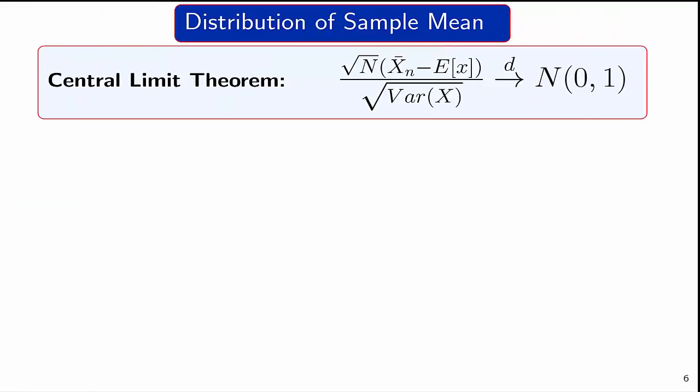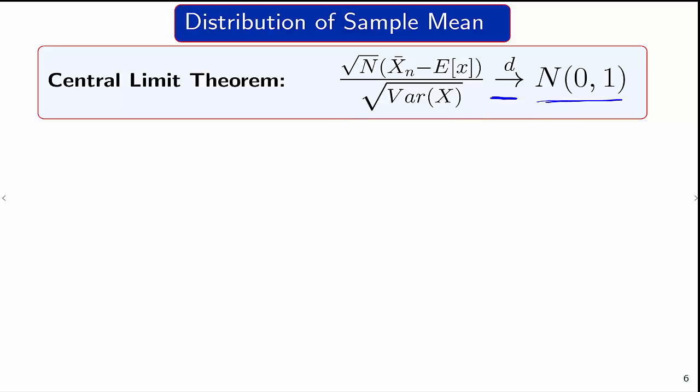We'll now look at deriving the distribution of the sample mean using one of the most powerful results in statistics, the central limit theorem. The central limit theorem says if our sample is IID and the variance of x is finite, this statistic here will behave like a normal distribution as n gets bigger and bigger and bigger. What this says is this statistic will converge in distribution to a normal 0, 1, which just means that this statistic will be distributed like a standard normal 0, 1 as n gets bigger and bigger and bigger.